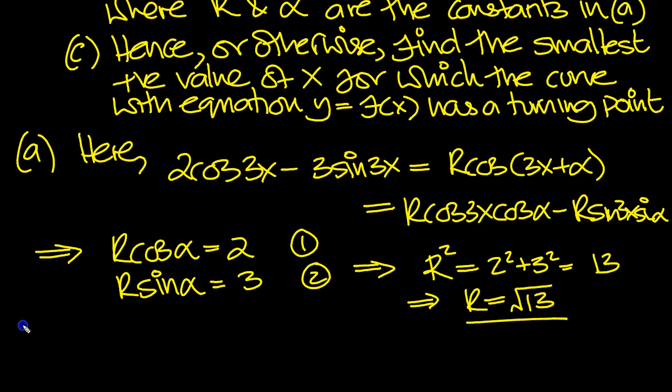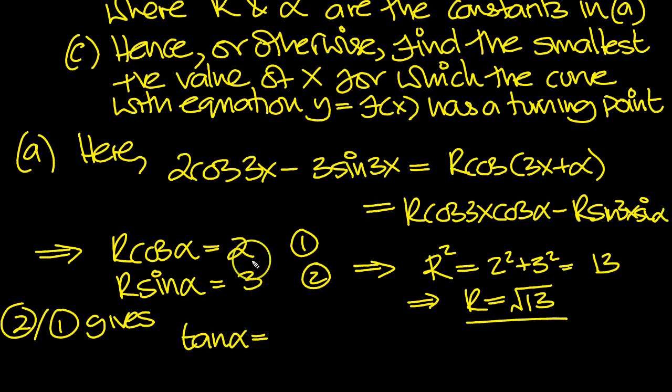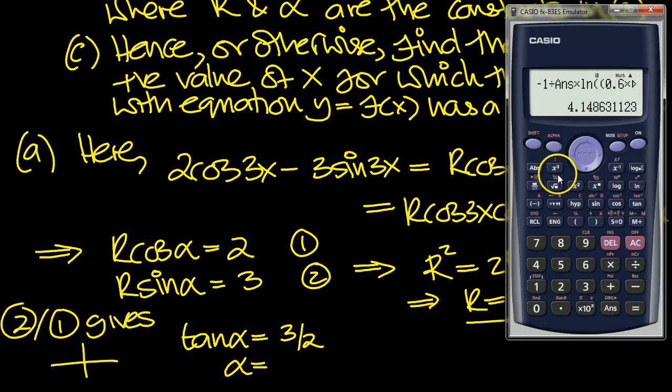Now for the alpha, this divided by that, the r's cancel to leave tan alpha, and that equals 3 over 2. Now alpha is an acute angle, so we just do shift tan of 3 over 2.